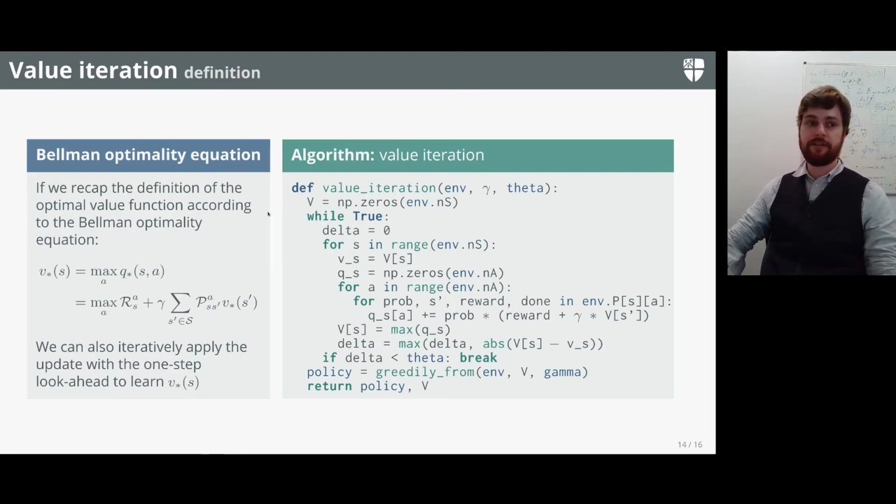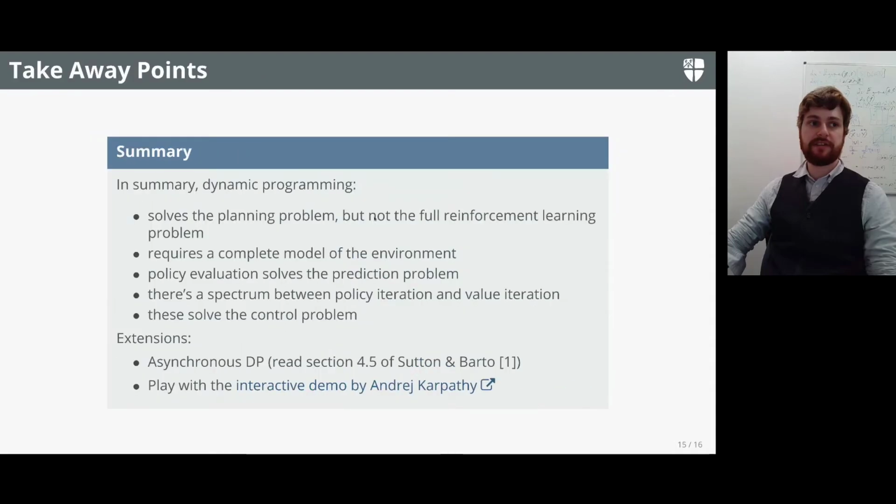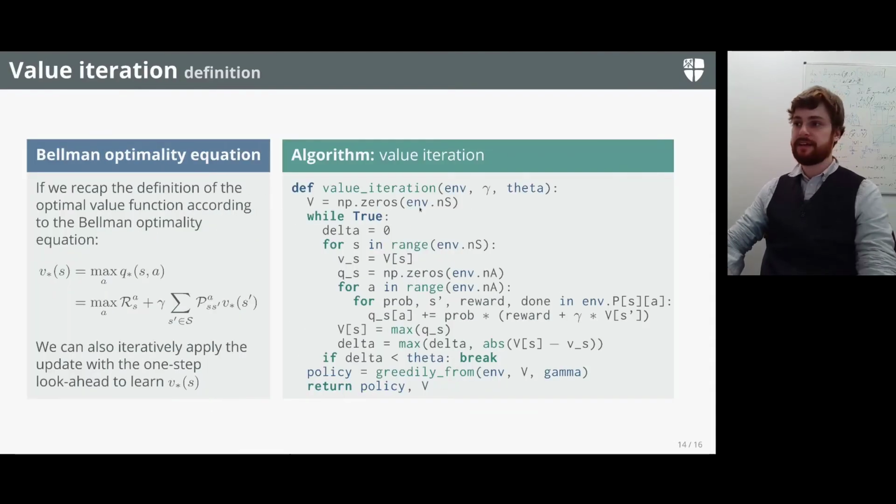Looking at the algorithm, again, it's an iterative process, and it goes through every state in the environment. But now we compute the optimal value function for a state as the maximum action from the optimal action value function. So we unroll that one step look ahead part, which gives us the optimal action value function, and then we take the max over all of those action value pairs.